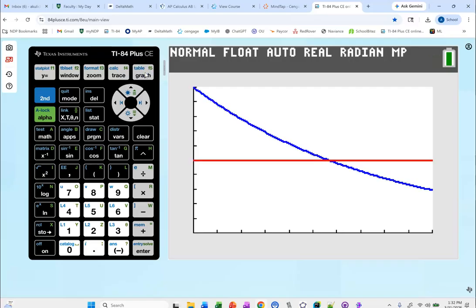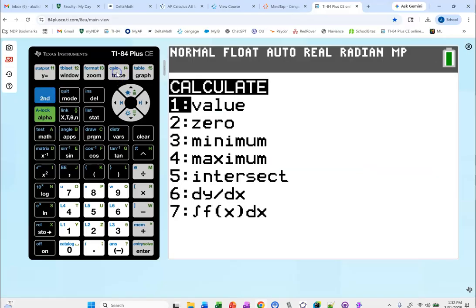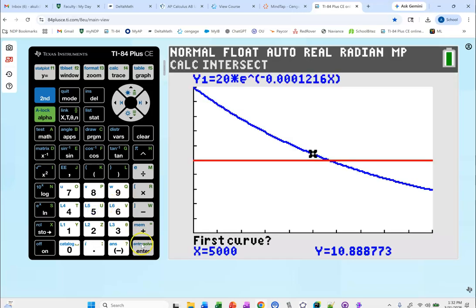So the blue curve is my equation for C of t. The red curve is the line y equals 10. And I'm searching for the intersection of those. To find that with my calculator, I'll press second and the trace command. Select intersect. Press enter 3 times since I just have 2 lines and 1 intersection.